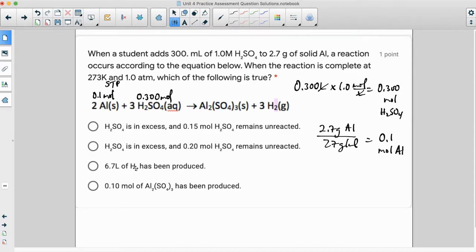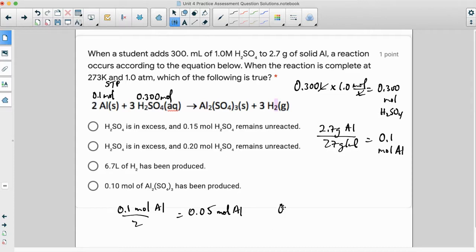So there's a bunch of choices here. Before we look at the choices, because I see a bunch of products and things that are happening, I want to figure out what the limiting reagent is. If I take my 0.1 moles of Al, divide by 2, I get 0.05 moles.